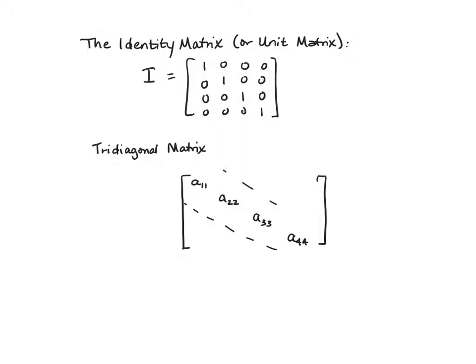So on either side, you're going to have A1,2, A2,3, A3,4, and you're going to have A2,1, A3,2, A4,3, but these other values, if they are not in that band, are going to be 0. So this is a tridiagonal matrix, which is another special category that is important in chemical engineering applications.